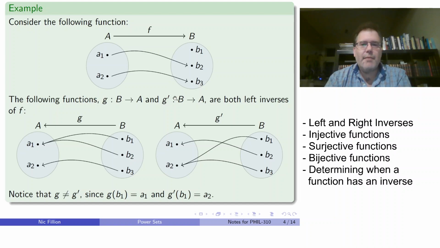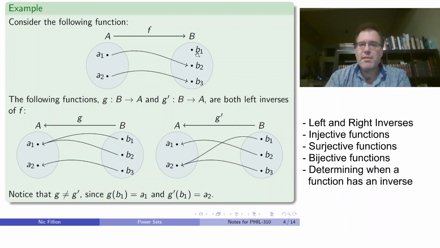And they are going to satisfy this idea of being a left inverse, right? The first function, G, sends both B1 and B2 to A1 and B3 to A2. The second function, G prime, also sends B2 to A1 like the first one and B3 to A2 like the first one, but now it takes B1 and sends it to A2.